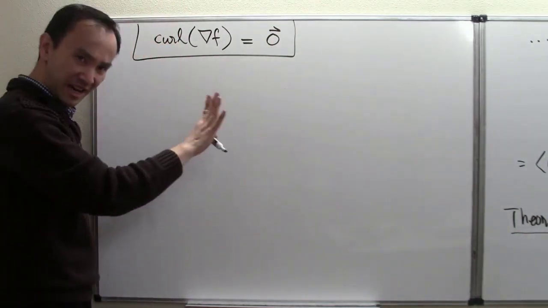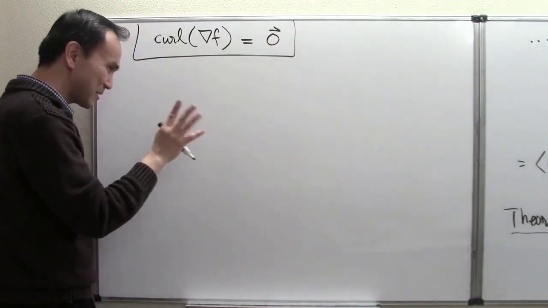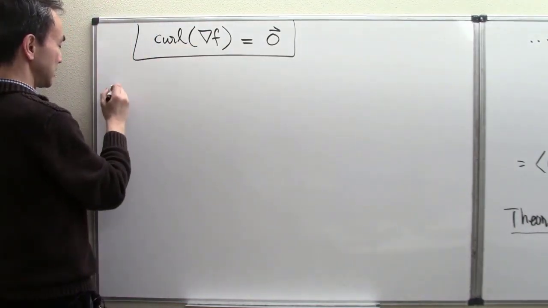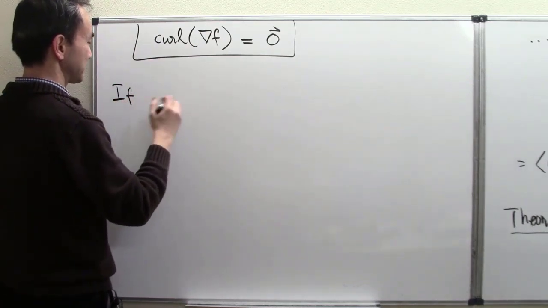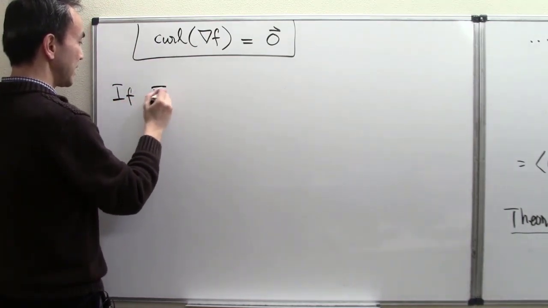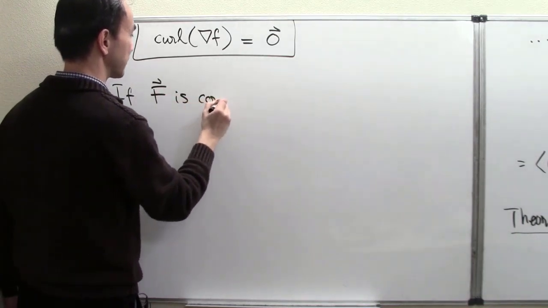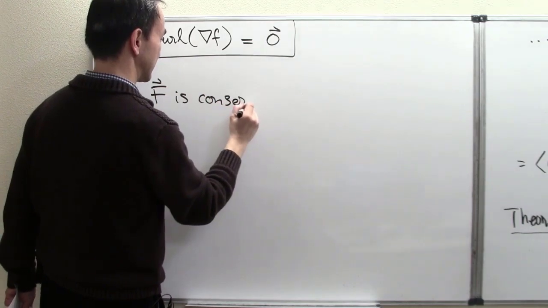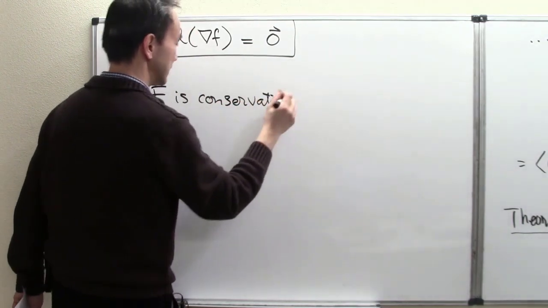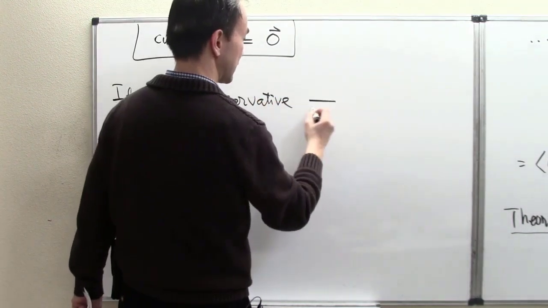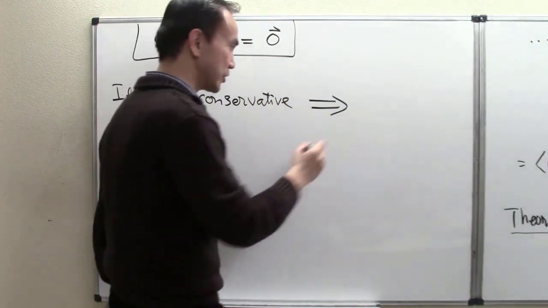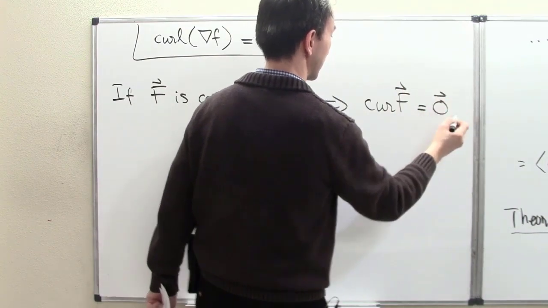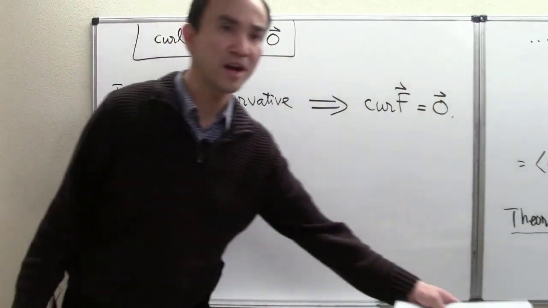But if we put that in a formal statement, it doesn't have to have all the details yet, it means: if F is conservative, a gradient vector field being a conservative field, then the curl of F has to come out being 0.